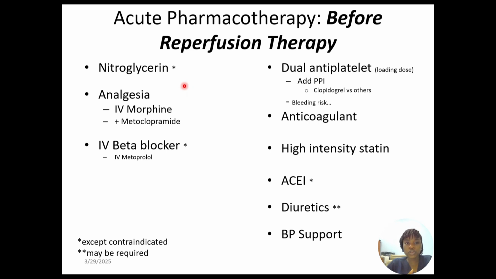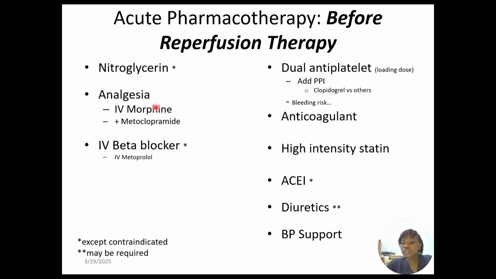Also, when there is already bradycardia or severe tachycardia, nitroglycerin should be avoided. Also, in patients who have used phosphodiesterase inhibitors in the last 24 to 48 hours, including sildenafil or tadalafil, nitroglycerin should not be offered because severe hypotension can result from that.